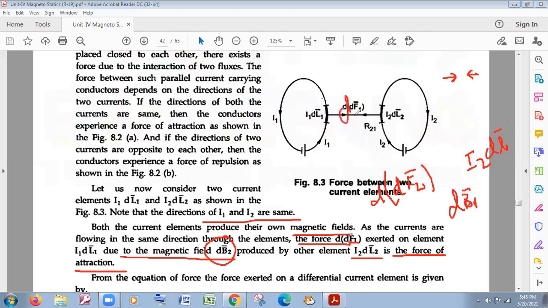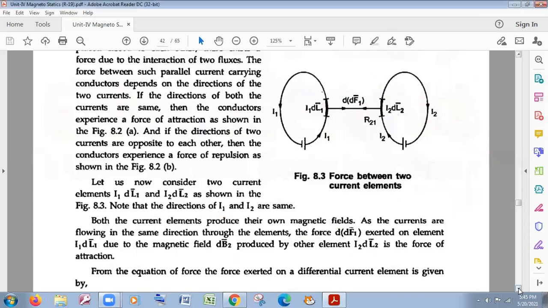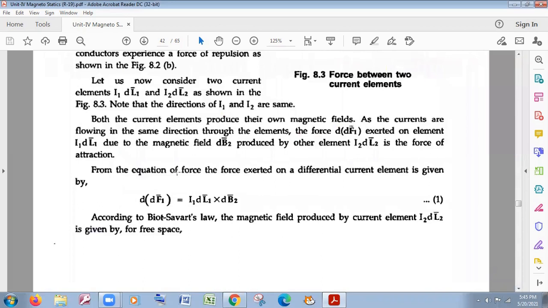Understood, my dear students? dF1 bar is the force on the current element I1 dL1 bar due to the magnetic field dB2, and here dB1 for the other. Then from the equation of force, the force exerted on a differential current element is given by dF equal to I dL bar cross B bar.